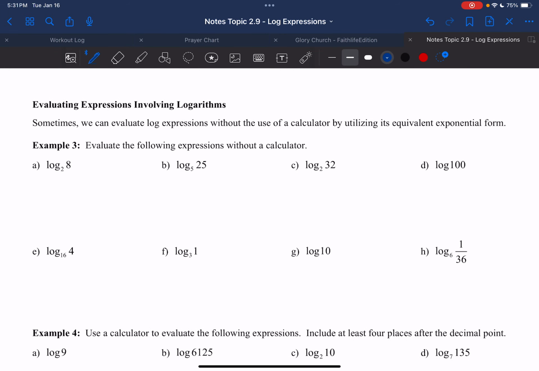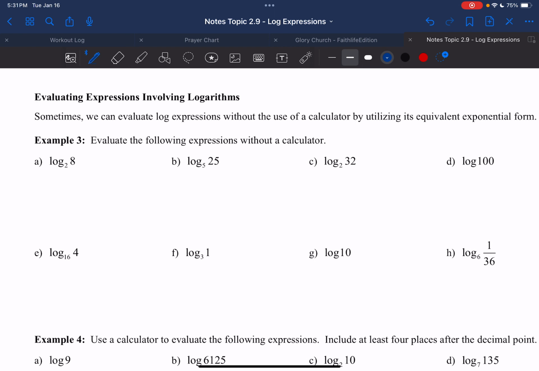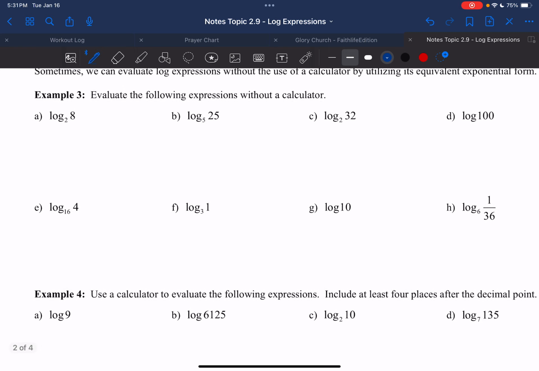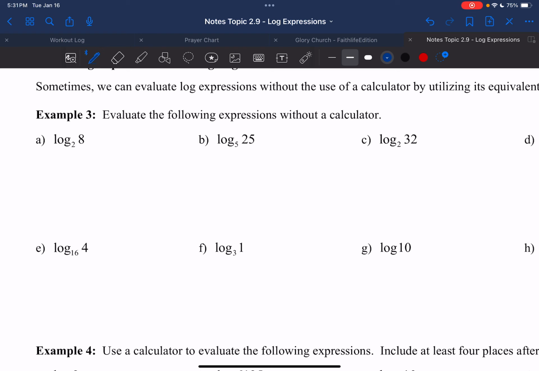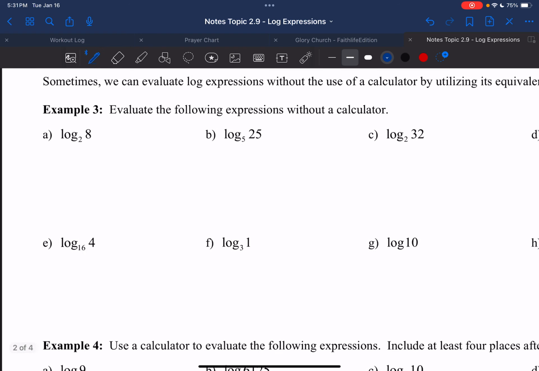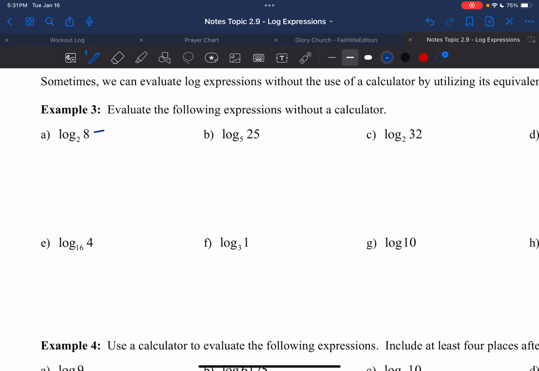And once again, having this setup helps us evaluate expressions with logarithms. And we will do that here. So evaluate the following expressions with a calculator. So what I like to do in these scenarios is write it equals x, because that helps me think about what's happening here.